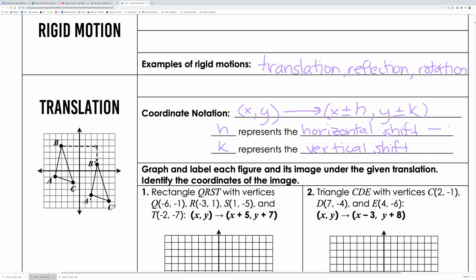Again, horizontal is this way and vertical is this way. As a reminder, left is going to be negative, right is going to be positive, up is going to be positive, and down is going to be negative. Okay, we're going to do a couple examples here.